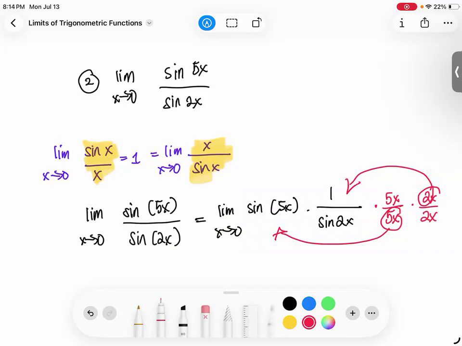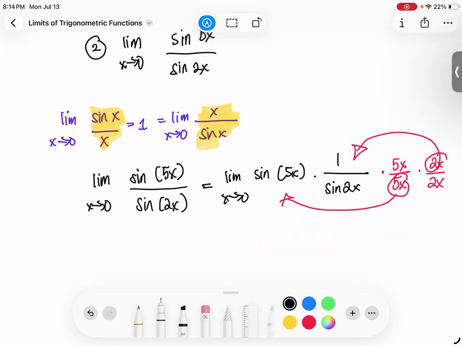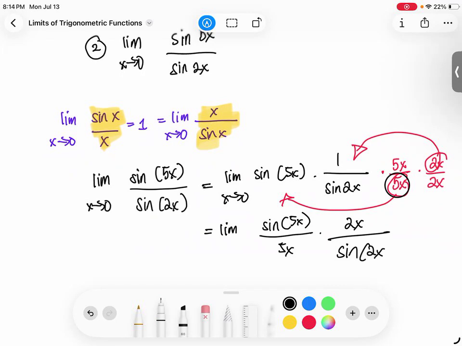So let's write it. We have the limit of sine of 5x over 5x, which is this, times 2x. 2x times 1 is 2x over sine of 2x. And then we have remaining 5x over 2x as x approaches 0.